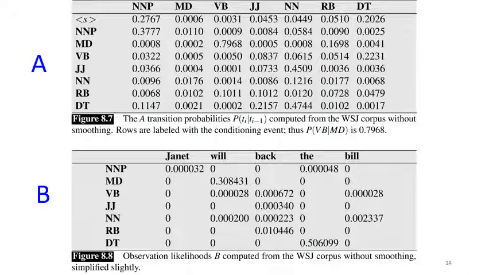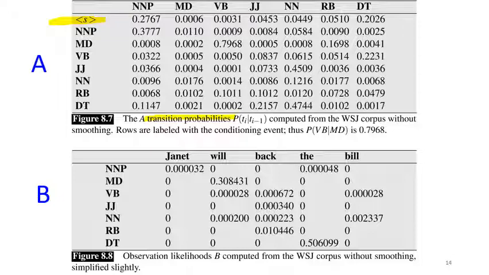These are the matrices that I talked about in the previous slide. The transition probability matrix is usually called matrix A. It shows the probability of transitioning or changing from one tag to the other tag. And if you see the start symbol, it means the start of the sentence.